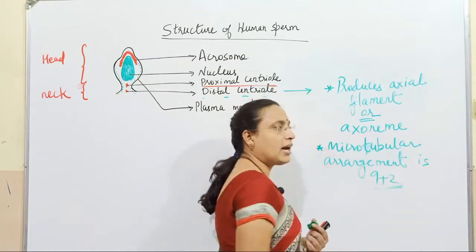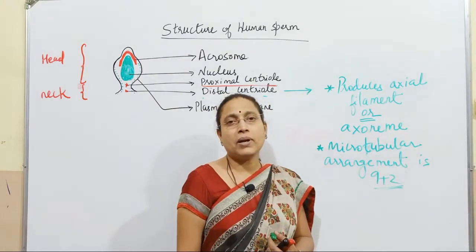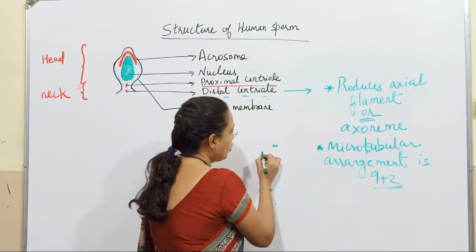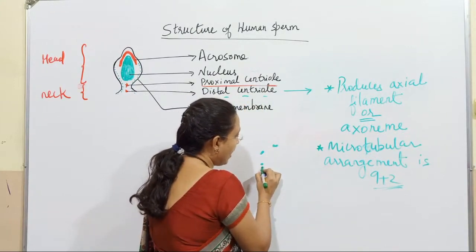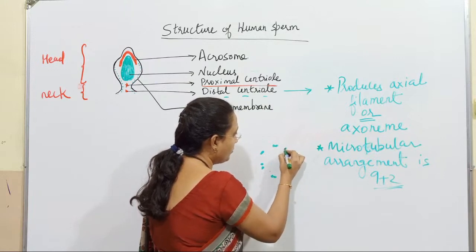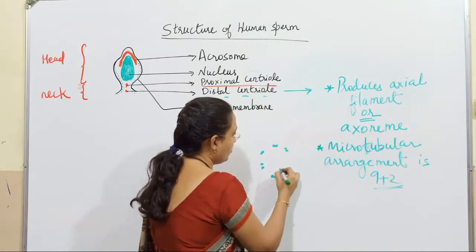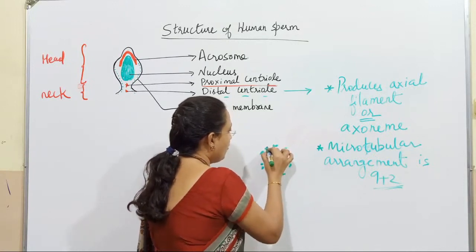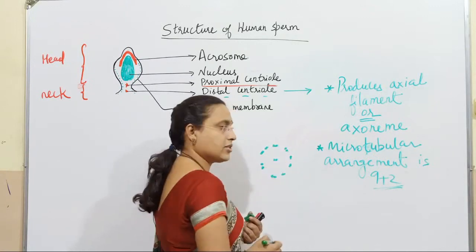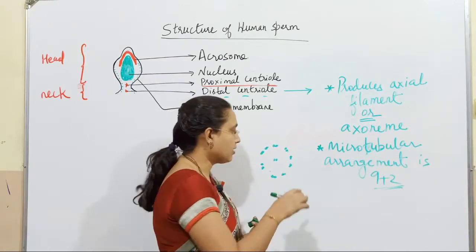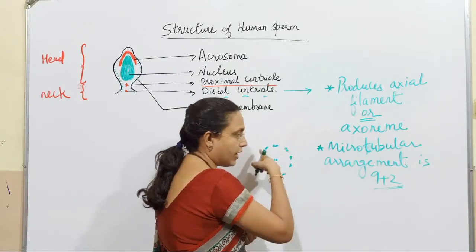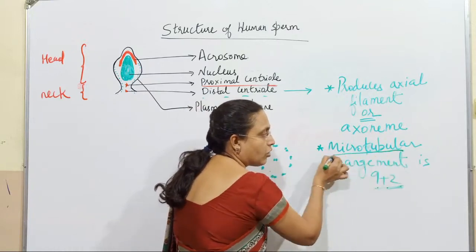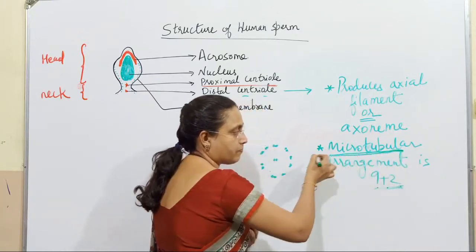The microtubular arrangement is a 9 plus 2 arrangement, where pairs of microtubules, nine in number, are arranged at the periphery, whereas one pair is at the center. This kind of arrangement is called the 9 plus 2 arrangement of microtubules.